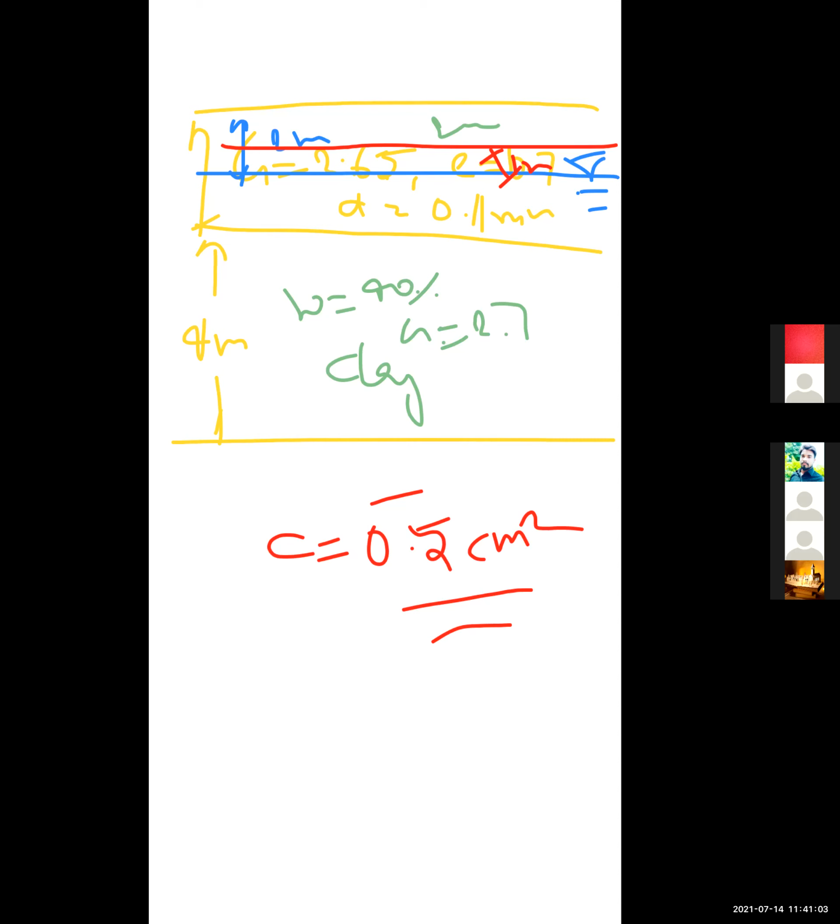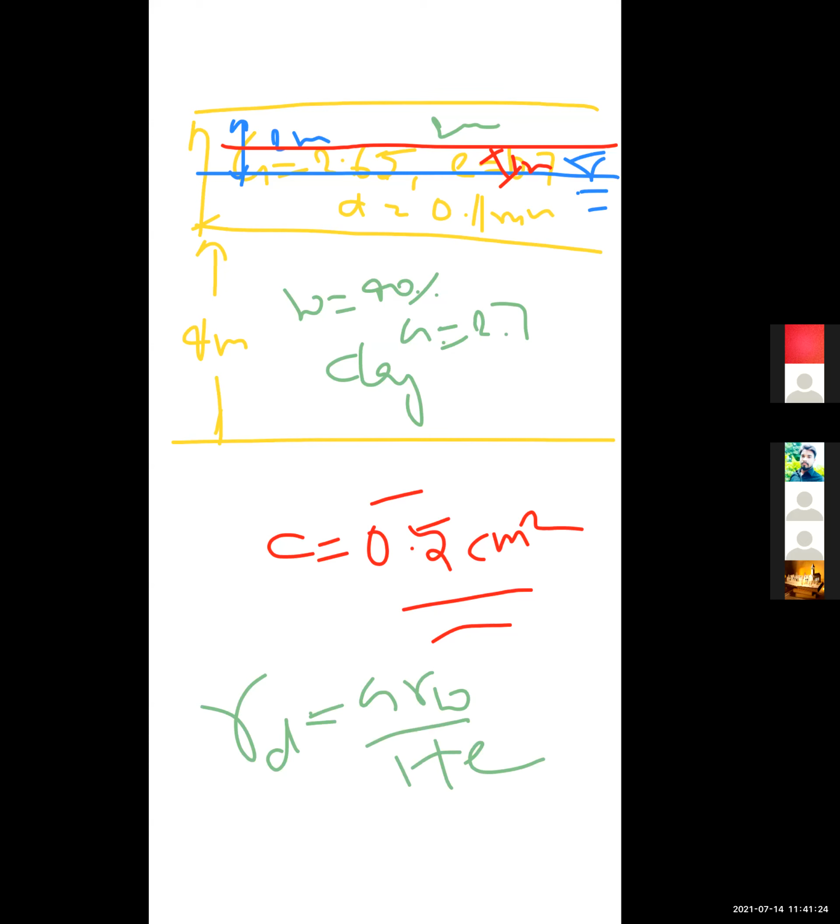What is the value of gamma dry for sand? Which formula can we use? The formula is gamma D equal to G gamma W divided by 1 plus E. The G value is given, the E value is already given, gamma W is known.